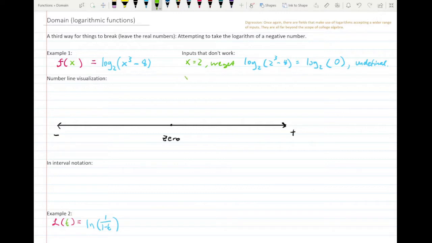Or if we put in x equals 1, similar deal. This time we get log base 2 of 1 cubed minus 8, which is 1 minus 8, equals log base 2 of minus 7, which for our purposes is not defined because it's not a real number.